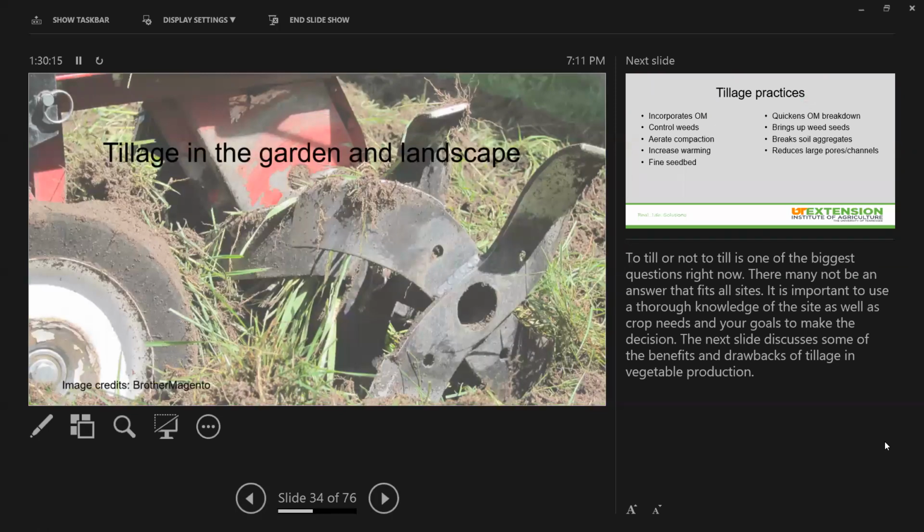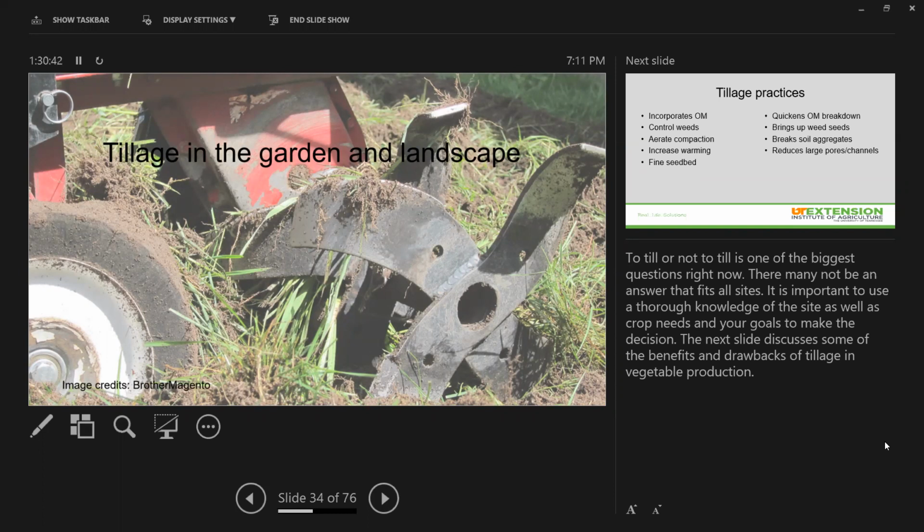So tillage, to till or not, that's one of the biggest questions. I know you have to till a little bit, but I'm talking minimum. And if you can't get away from tillage, maybe you need to go to raised beds. One of the things that impacts this is how large of a garden you have, or are you growing as a commercial vegetable producer?